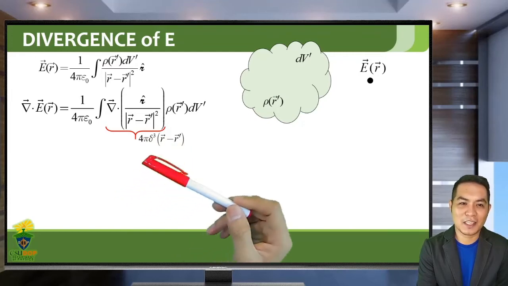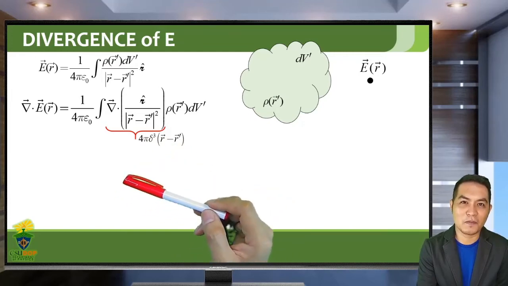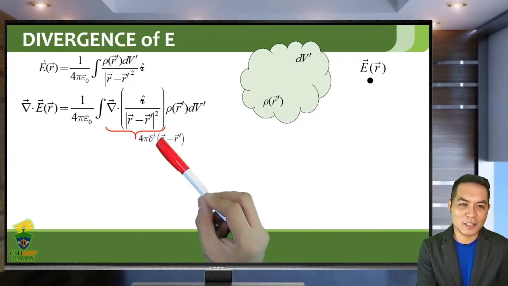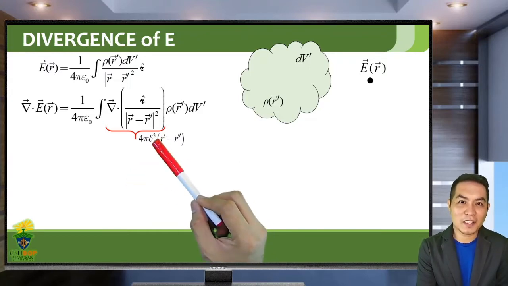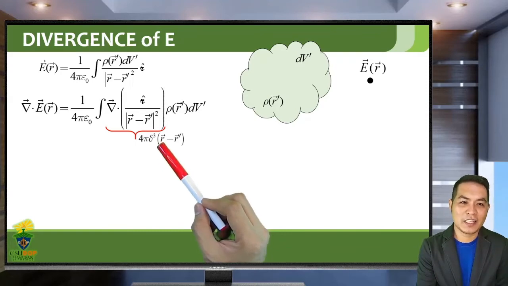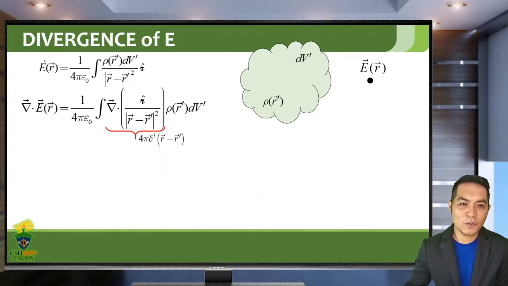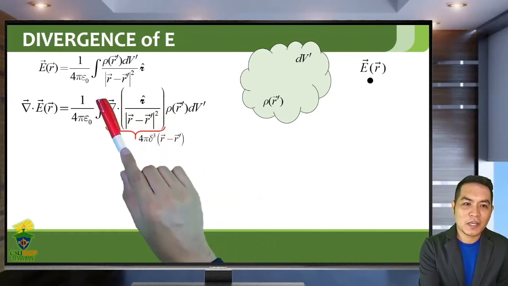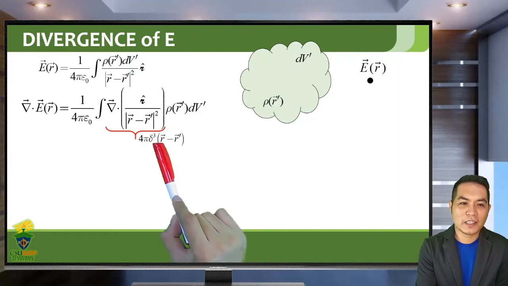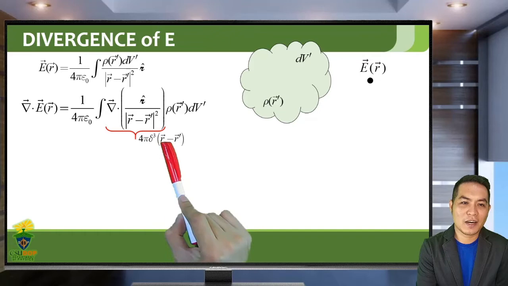That's what I think you have learned in mathematical physics. So the Dirac delta function is infinite everywhere except, in this case, where r is equal to r prime. So this term here will now become 4 pi times the Dirac delta, r minus r prime.